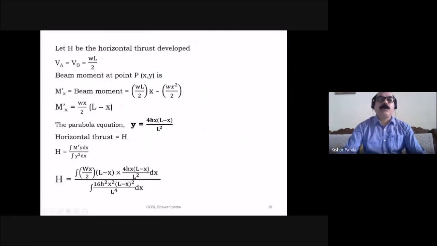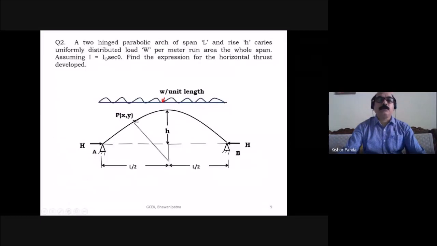Then the bending moment at point P(x, y). What is the bending moment at this point? You only have to find it due to the vertical forces. What is the vertical force?